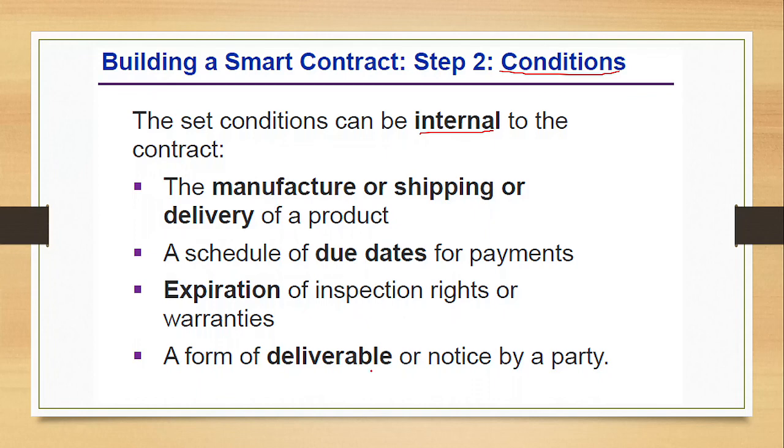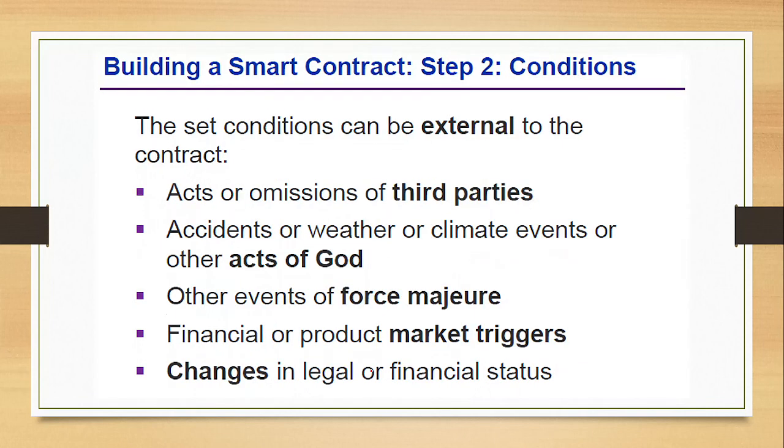These are the internal information that a particular contract requires. So there's some set of conditions in a nutshell, right? So step one, we had the agreement. Step two, we have the conditions.